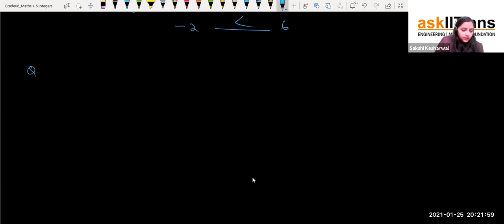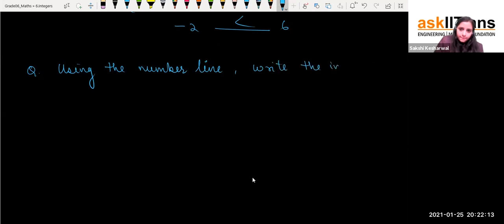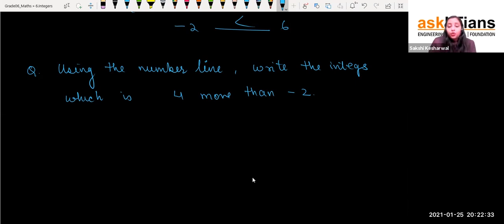The question is this: using the number line, write the integer which is 4 more than -2. Okay, right. So it says that 4 more than -2.